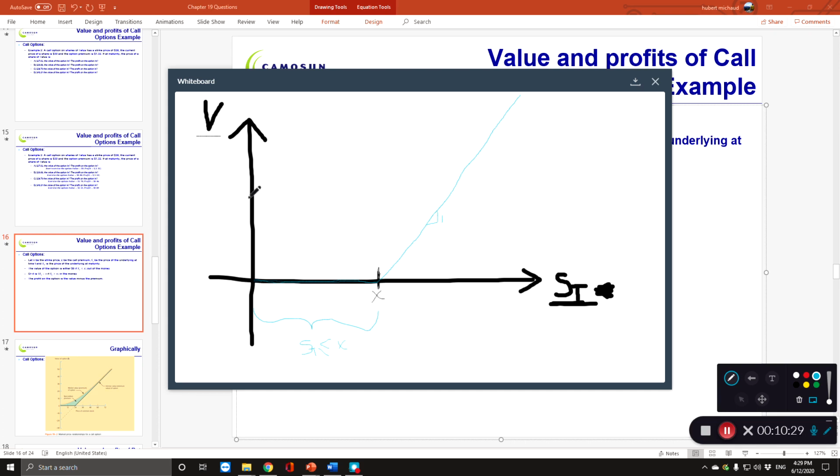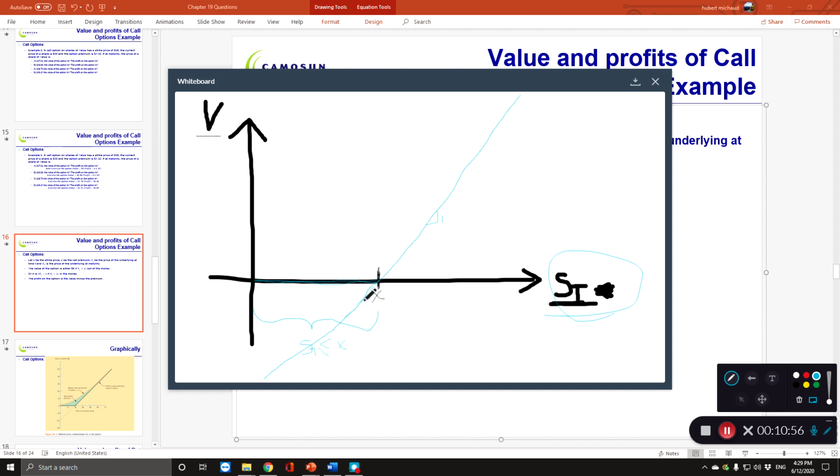This is the profile, right, of the value of an option as a function of the underlying. Good for everyone? Obviously the straight line here that I drew above, we could draw it below, but this straight line doesn't matter here because the value of the option is always the highest of 0 or whatever the value of the option.